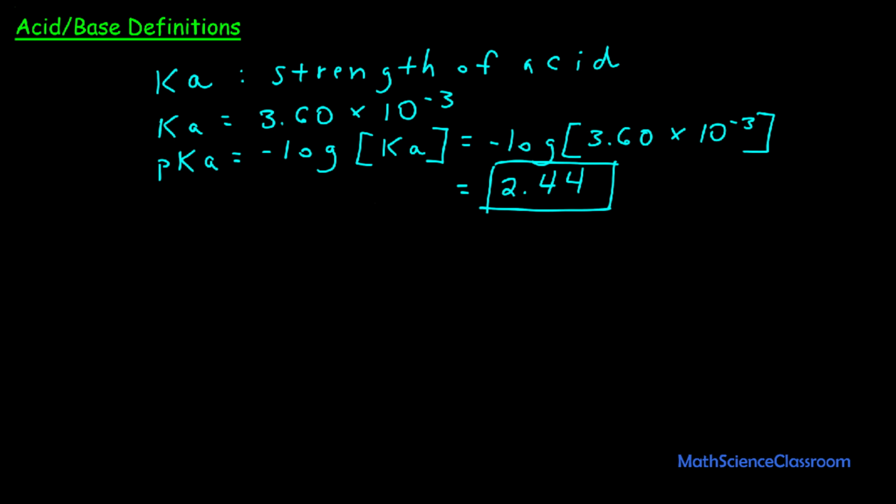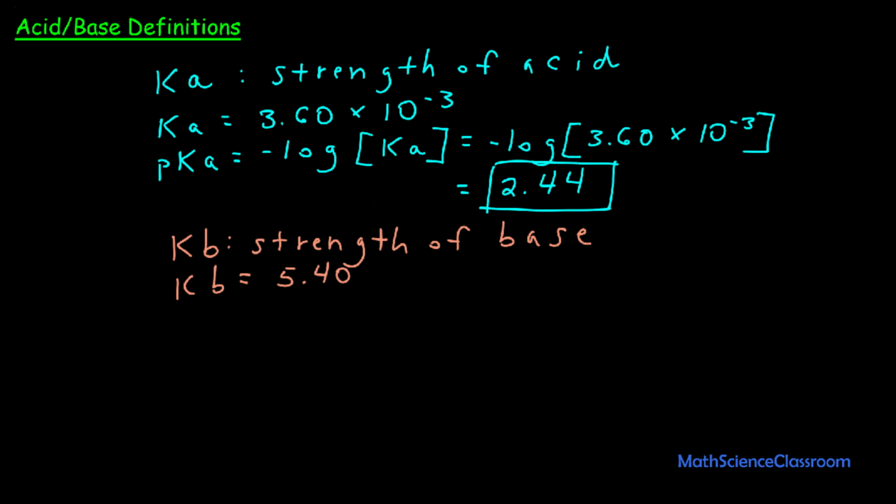So let's talk about Kb. Kb is a measurement of the strength of the base. So let's say we have a Kb of 5.40 times 10 to the negative 6.